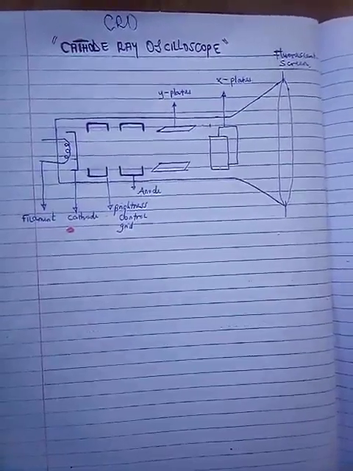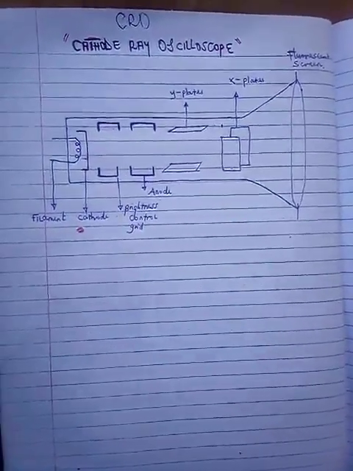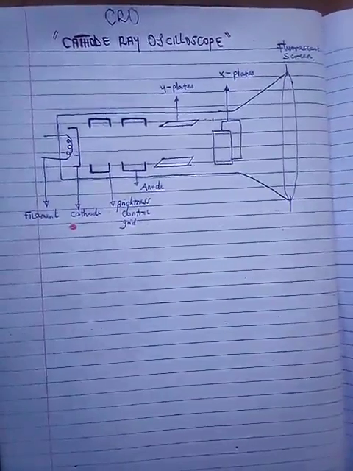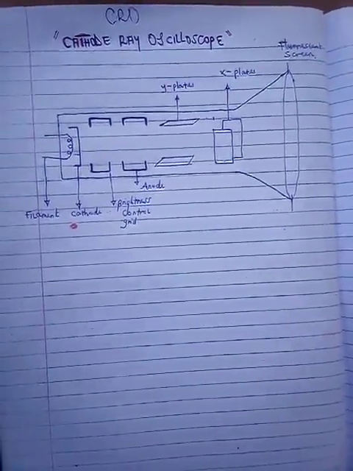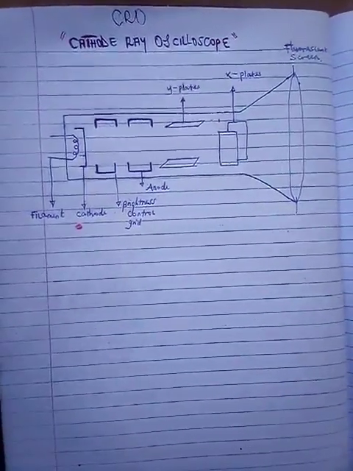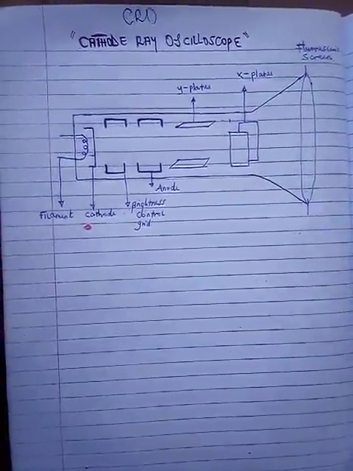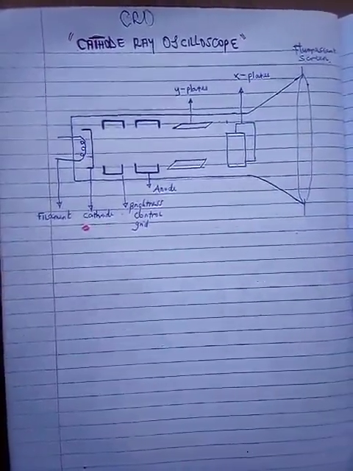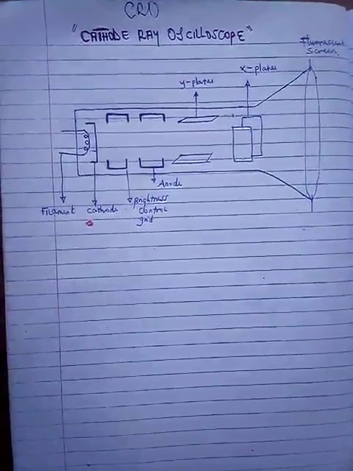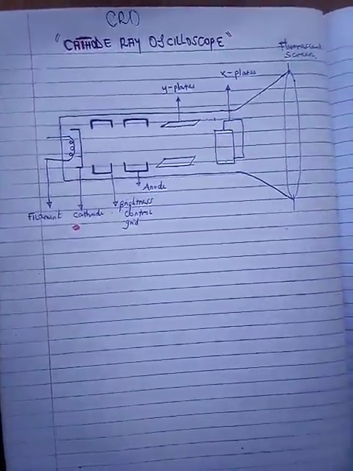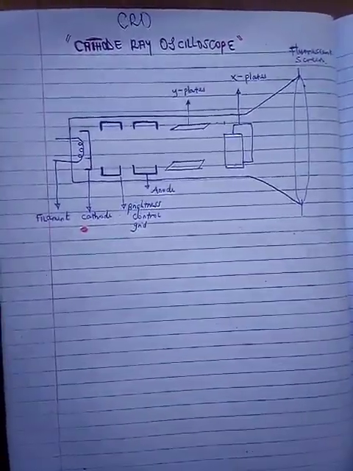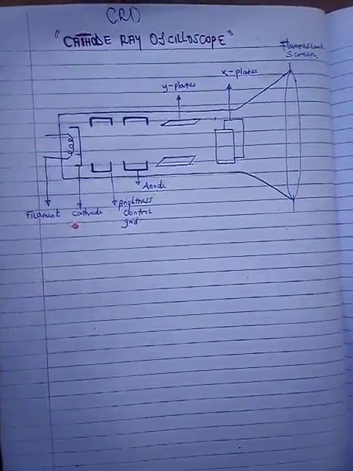We will get in depth later on the comparisons and differences between electric and electronic circuits, but for now we are just going to focus on the cathode ray oscilloscope.